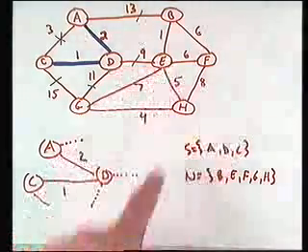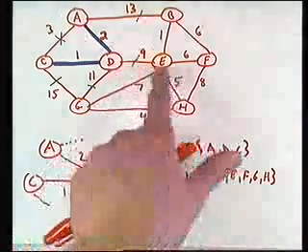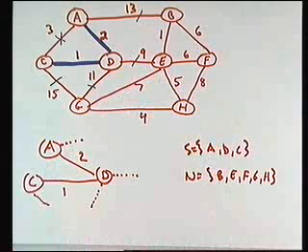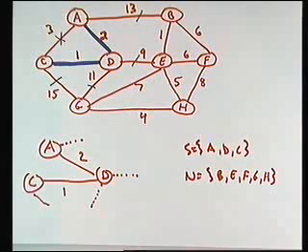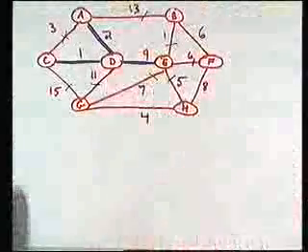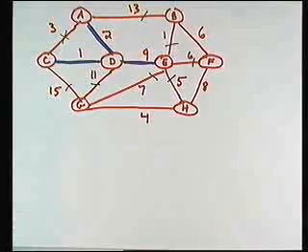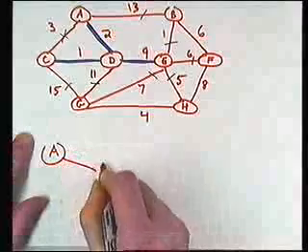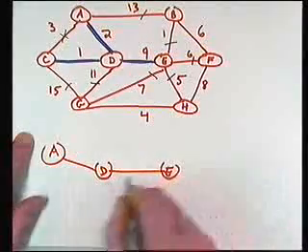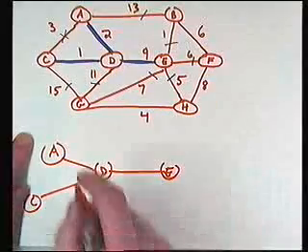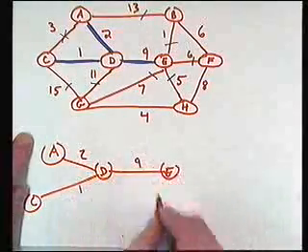The lowest weight edge that we pick, you add that vertex and that edge to the tree, and that vertex also moves from set N to set S because it's now part of the tree. And those are the vertices that S holds, the vertices that are part of the tree. So now you can see here in this picture the D to E edge is made a little darker, and I've also got here A, D, E, and C. So this is my tree up to this point, where this is 2, 1, and 9.